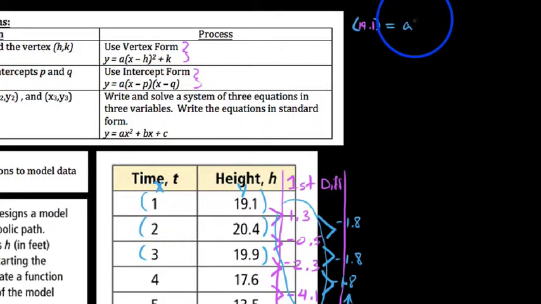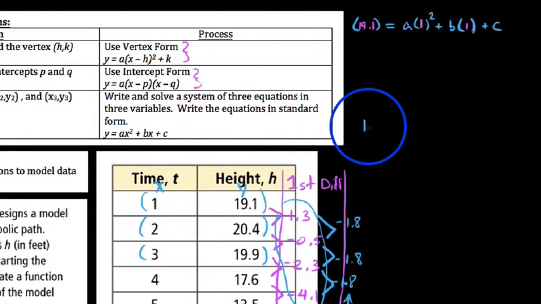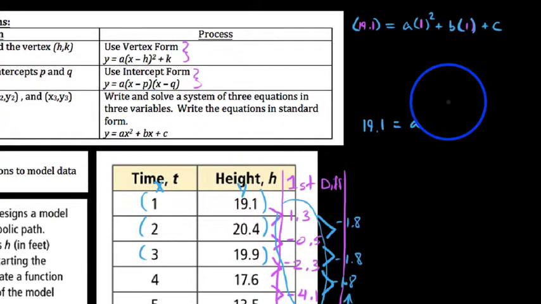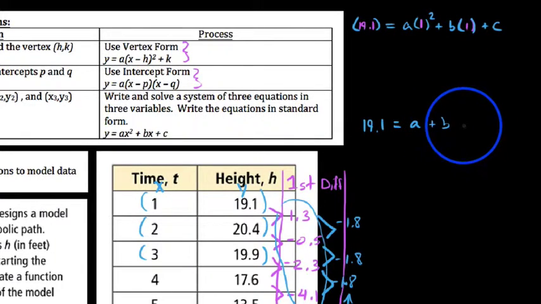So what we get is a times 1 squared plus b times 1 plus c. If you simplify this, we get 19.1 is equal to a times 1 squared, which is a, plus b times 1, which is plus b, plus c. This is our first equation.